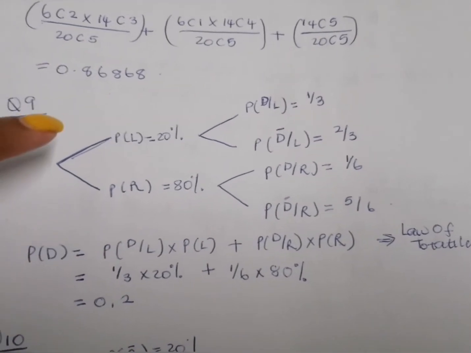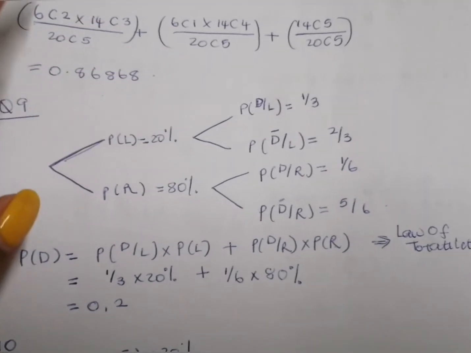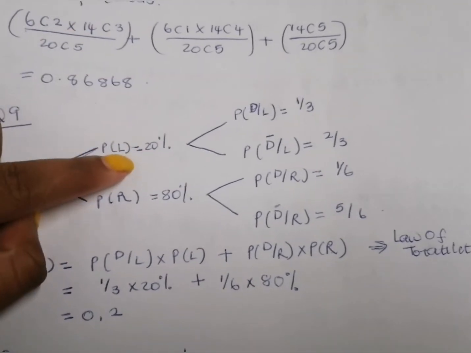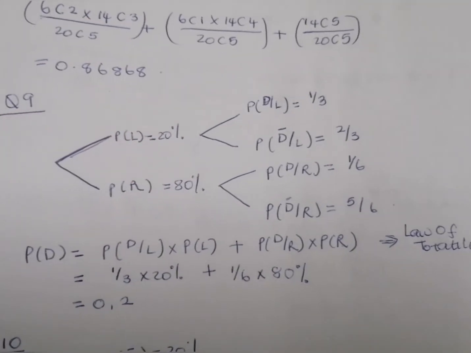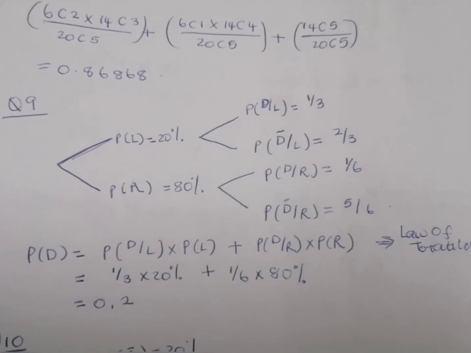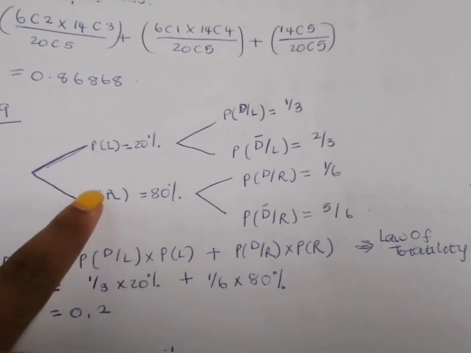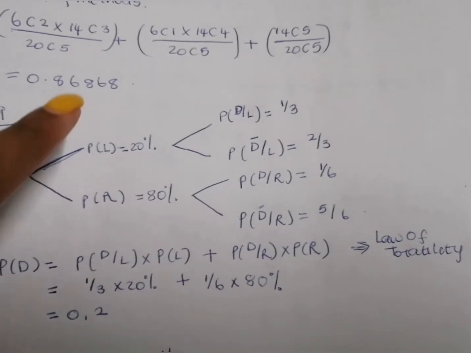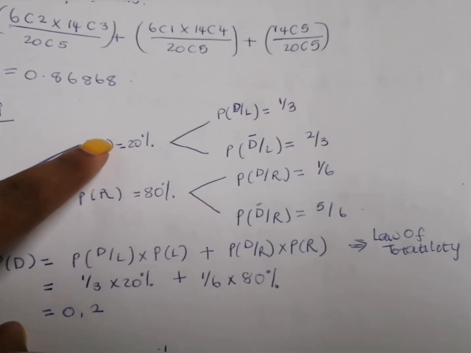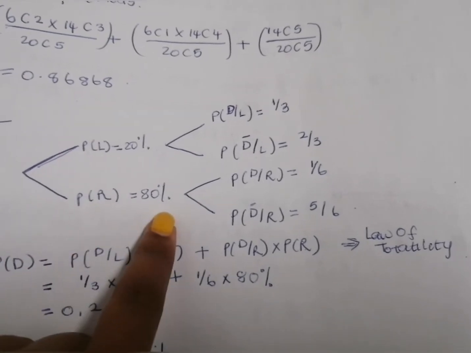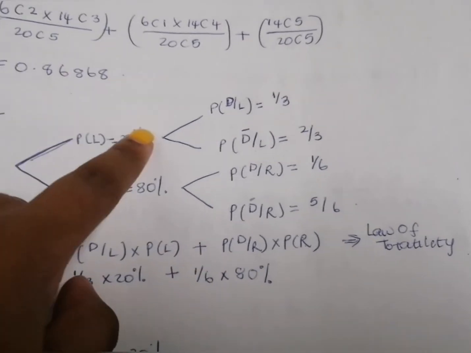You can draw a tree diagram for what you have. So this is the 20% that they told us, that 20% of the trucks are left hand driven, and this is the probability that the truck is not left hand driven, it's right, so it's going to be 100% minus that.